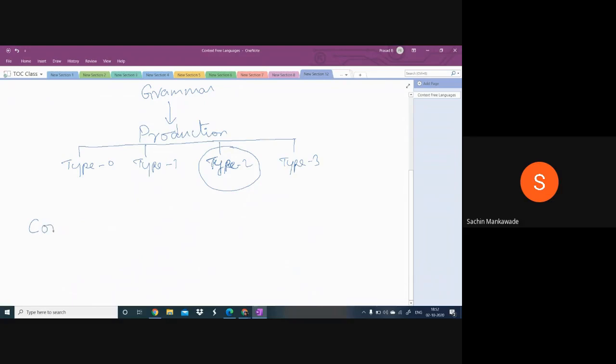So what is a context-free grammar? Just now I told you the grammar will be defined based on the types of the productions. A grammar is nothing but a set of productions, maybe P1, P2, P3, there will be some n productions.